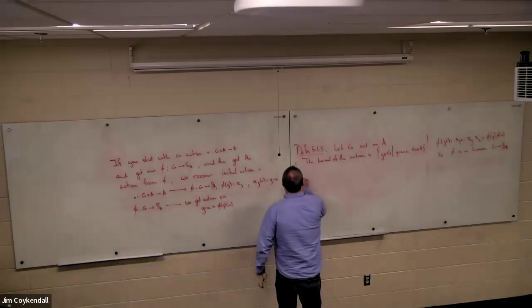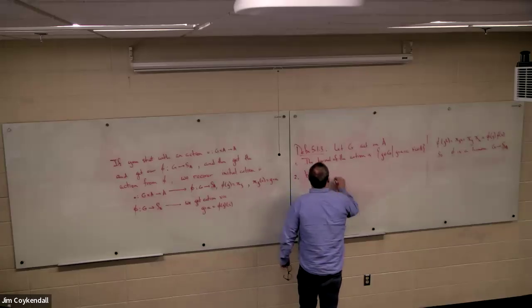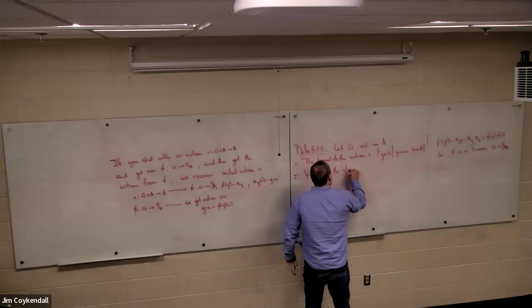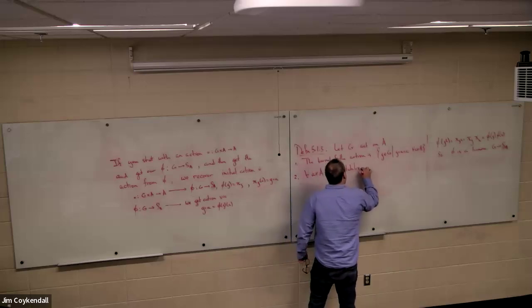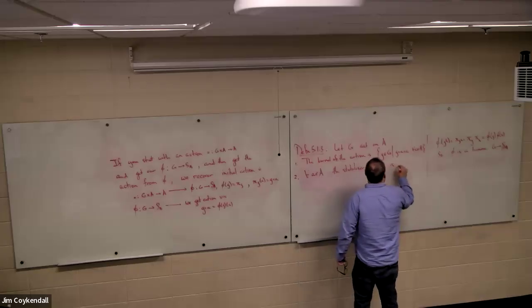Two, for all a in A, the stabilizer of a is the set of g in G that leaves a alone.